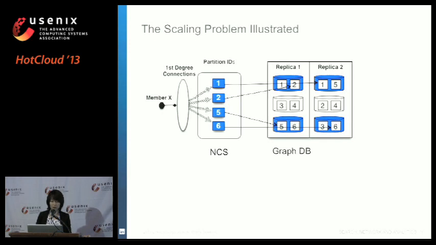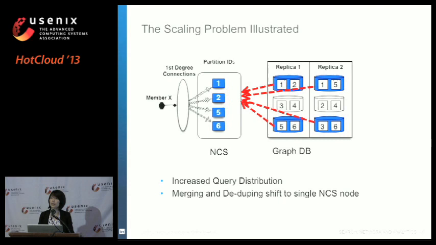So in this case, more GraphDB nodes are queried during a second degree query. Each one of them will have a smaller subset of the results, so they don't do as much work as in the earlier topology in terms of merging. And on the NCS side, it will need to do a 4-way merge instead of a 2-way merge.